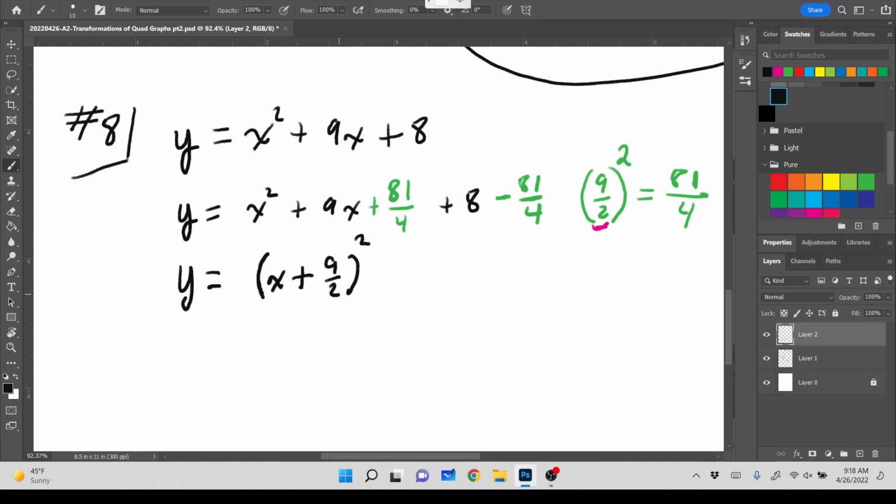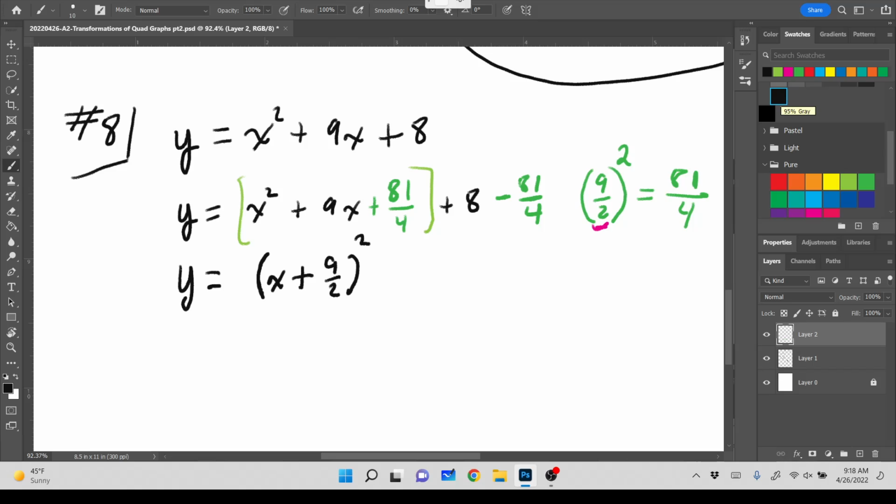So that's all of this part, right? Now what? Say it out loud. You got 8 minus 81 fourths, which is what? 8 fourths would be 32 fourths.